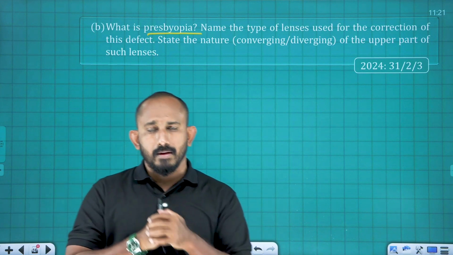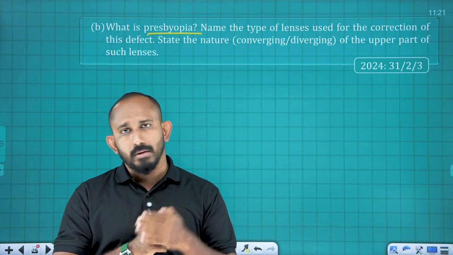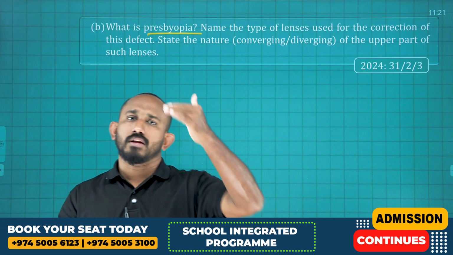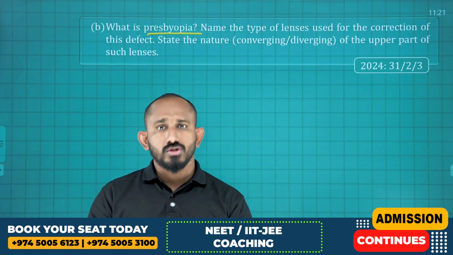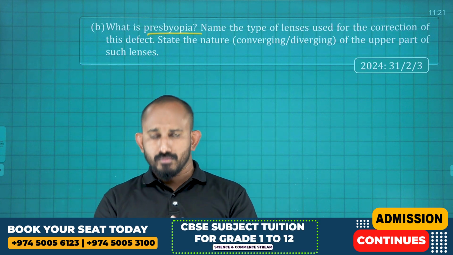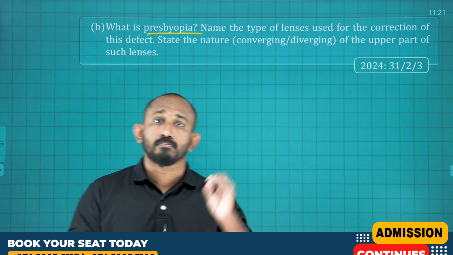That defect is called presbyopia. In aged people it happens. Sometimes both will be there. They cannot see far objects as well as nearby objects. So the defect of the human eye, in which the person cannot see the far objects as well as nearby objects because of weakening of the ciliary muscles, is called presbyopia.